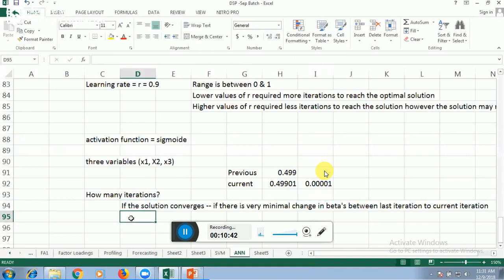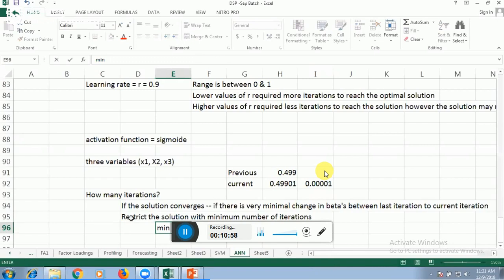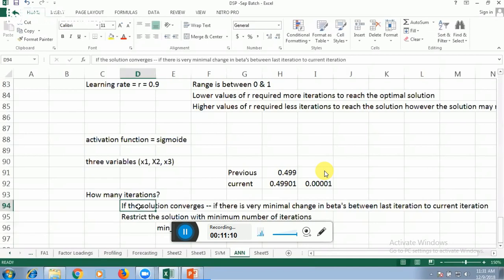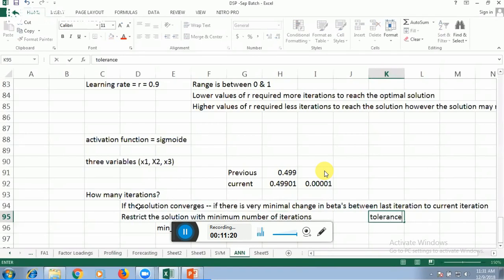Or sometimes the solution does not converge, and you can also restrict it. You can define the maximum number of iterations equal to 100, so it will stop at 100. You can also specify how much difference you want to see. If the difference is less than that, that is what we call the tolerance.